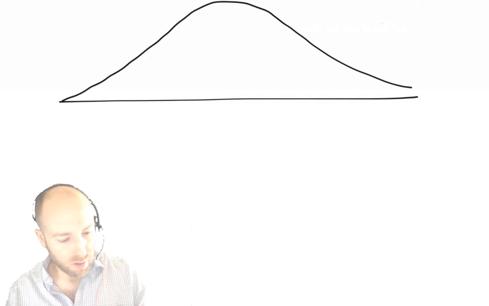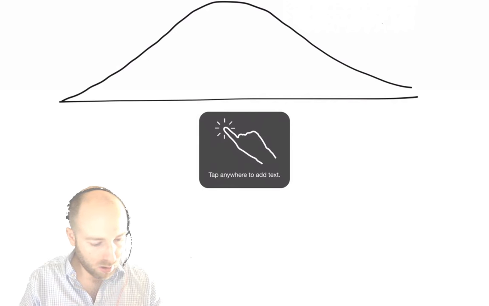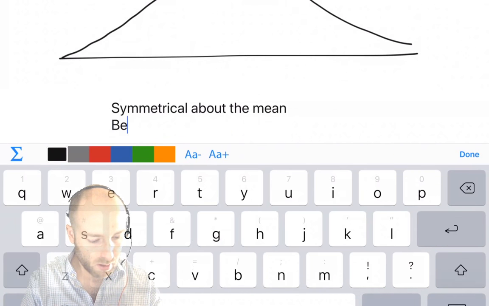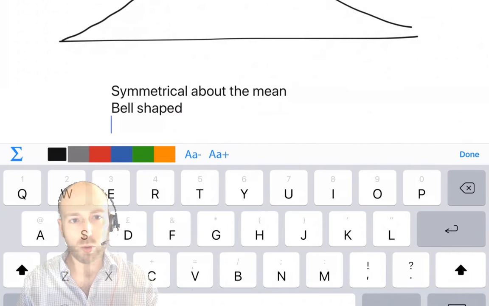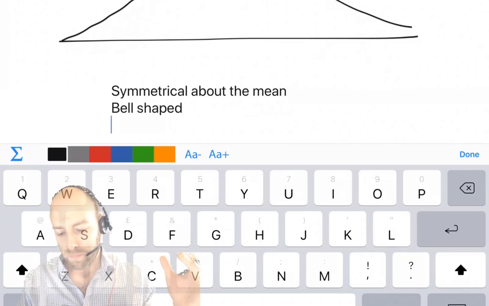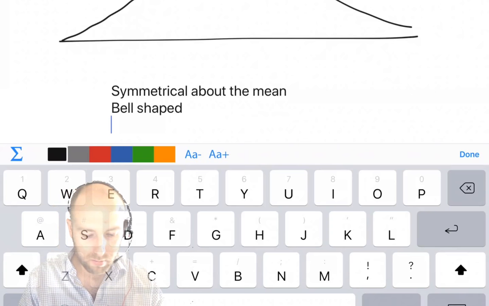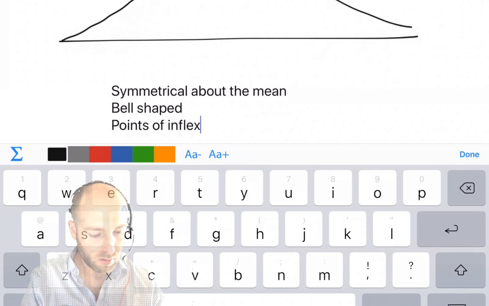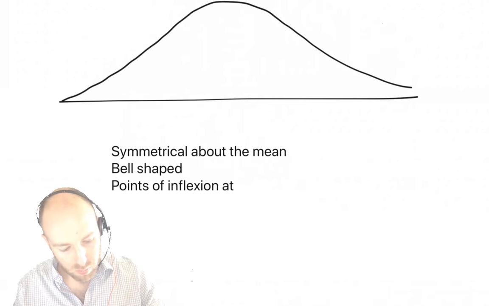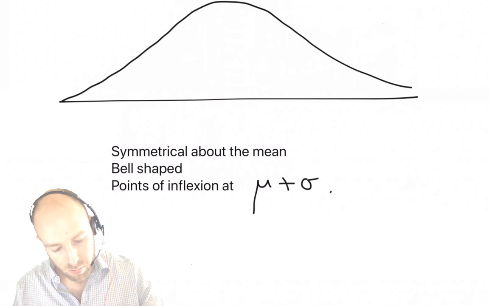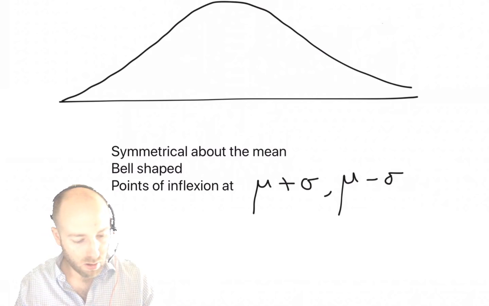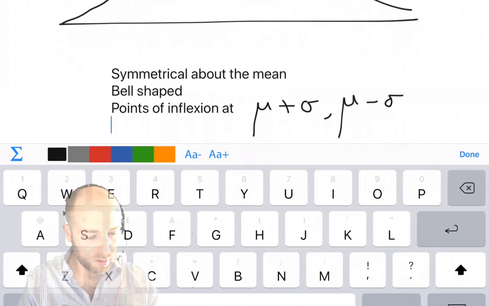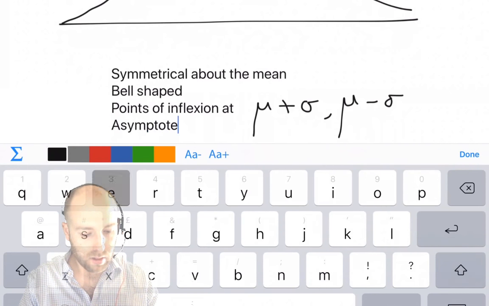Cool. Right, a few other key features about the normal distribution. It is a bell-shaped curve that is symmetrical about the mean. We've already said there are two points of inflection, and that is where we have mu minus sigma and mu plus sigma. And we have asymptotes at each tail.